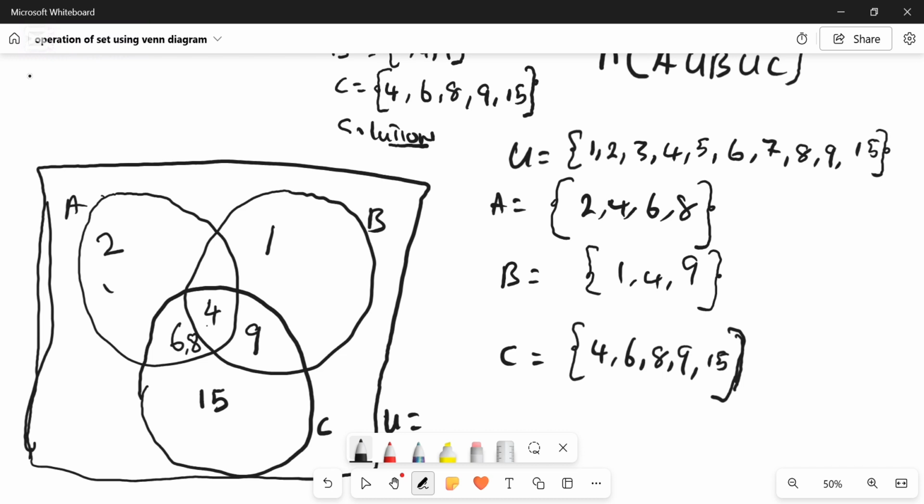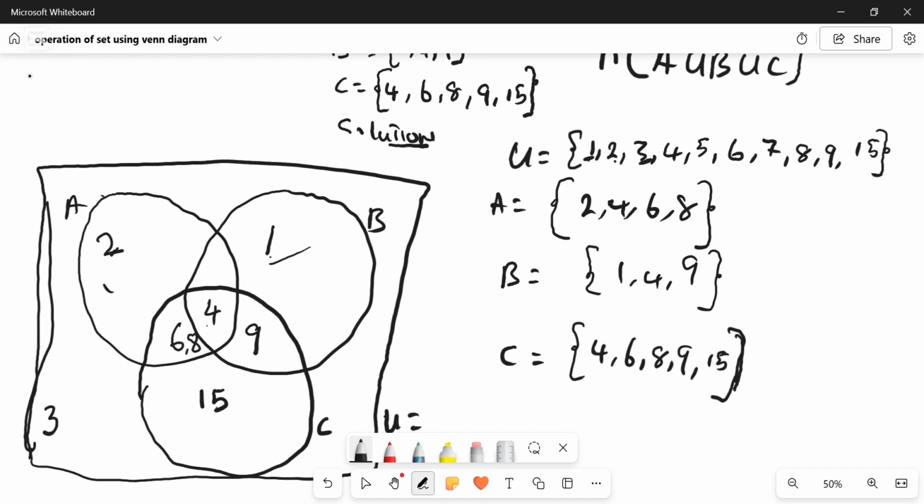Alright, so let's check if we have all the elements of this universal set now. This is 1. You have your 1 here. This is 2. You have 2 here. This is 3. There's no 3 here. So 3 does not belong to any subset, but it's also part of the universal set. So I'm going to put 3 here.